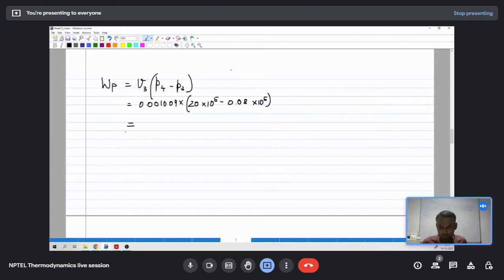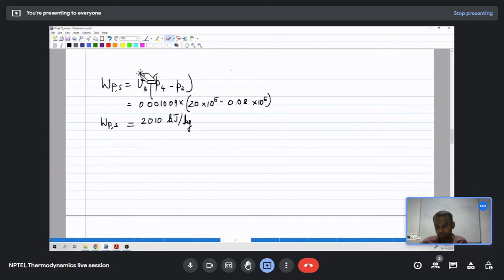So this is 2009, or approximately 2010 kilojoule per kg. So this is the ideal pump work. To calculate the actual work, we will need the efficiency values.